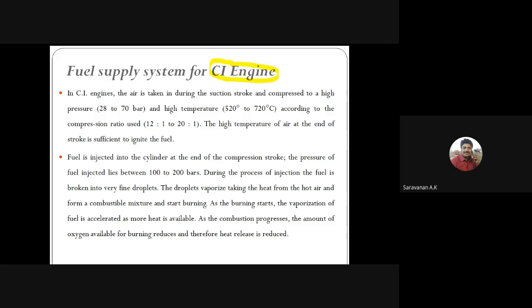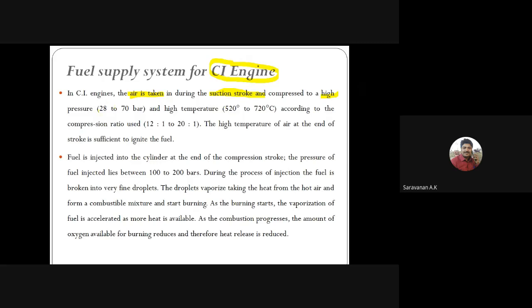In the CI engines, only the air is taken into the cylinder during the suction stroke, and it is compressed to a high pressure, right?